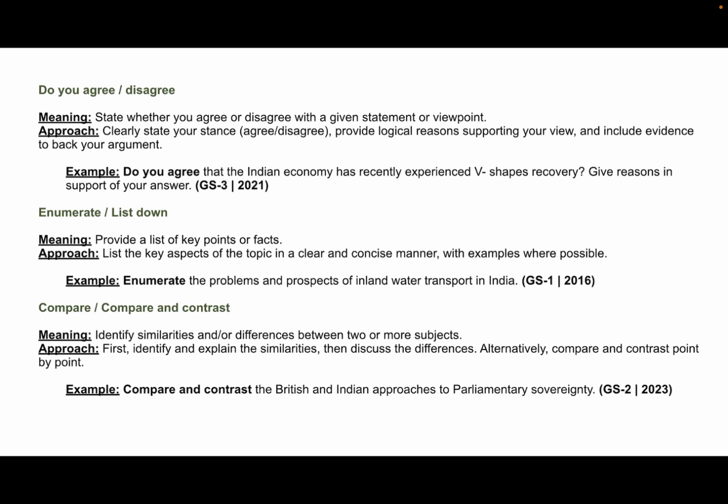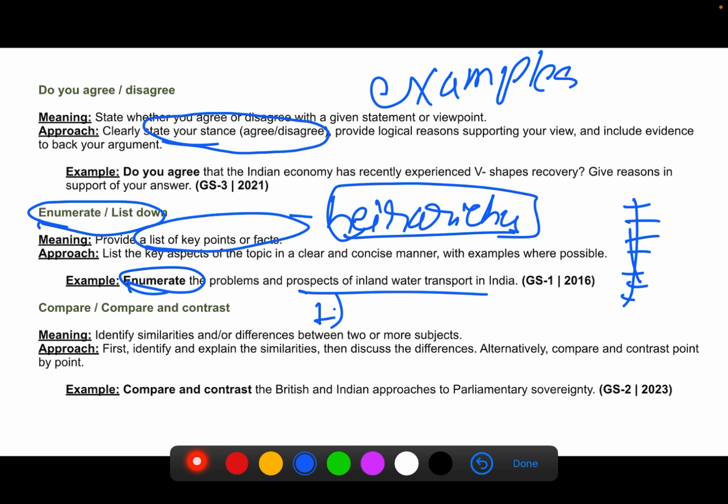These are the key elements which need to be mentioned first, followed by other points. In enumerate, the hierarchy of the points is very important and it gives great marks for your answer. That's why the list should be structured in such a way that the point with the first priority comes at the top and the hierarchy continues.